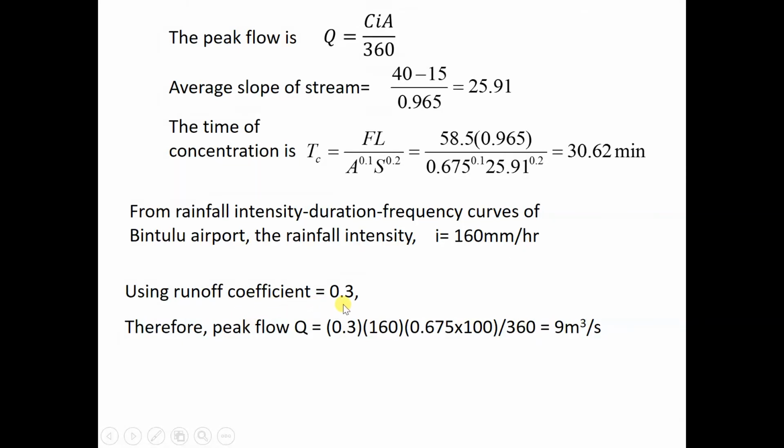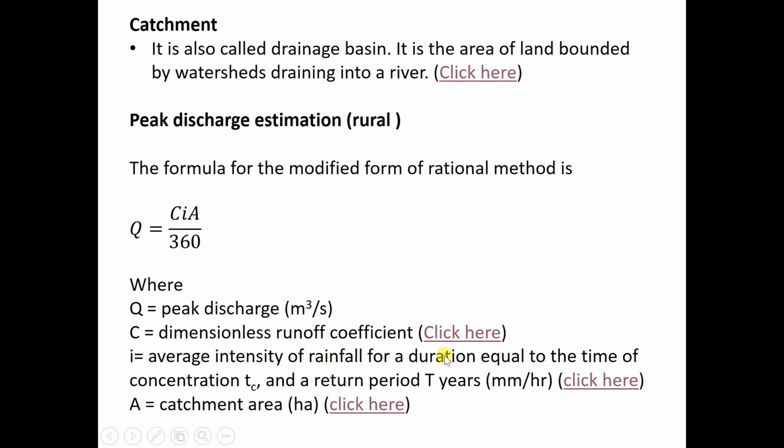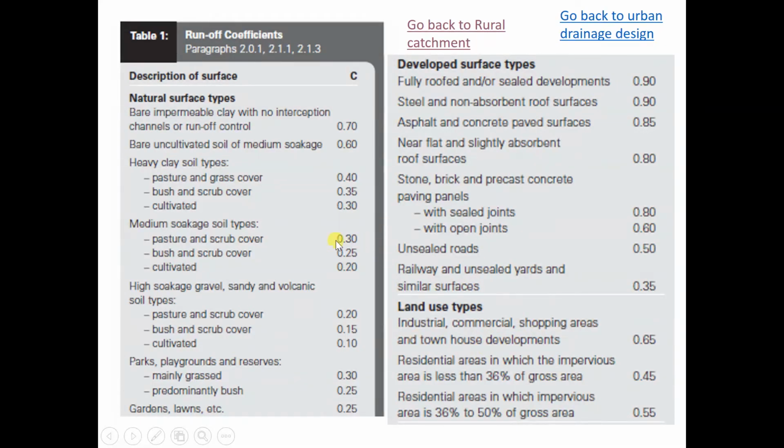Okay, so using the runoff coefficient of 0.3. That one we look at the chart, the table. You see the corresponding vegetation, the ground condition, with how much vegetation, then we get 0.3. So it will be something like the pasture and scrub covers, grass, the like park, playground, reserve park.